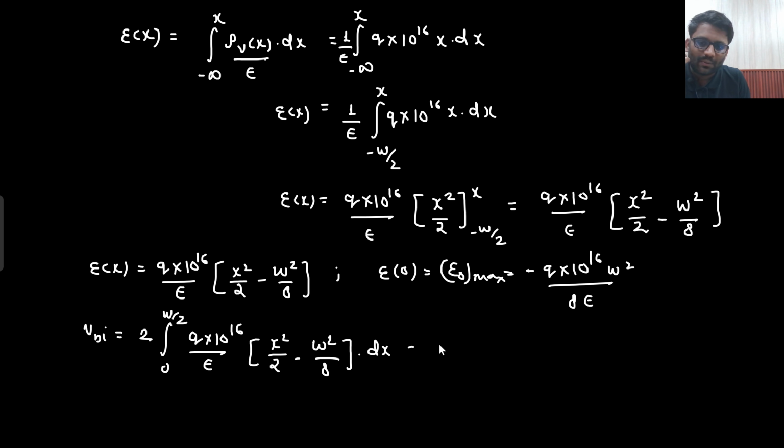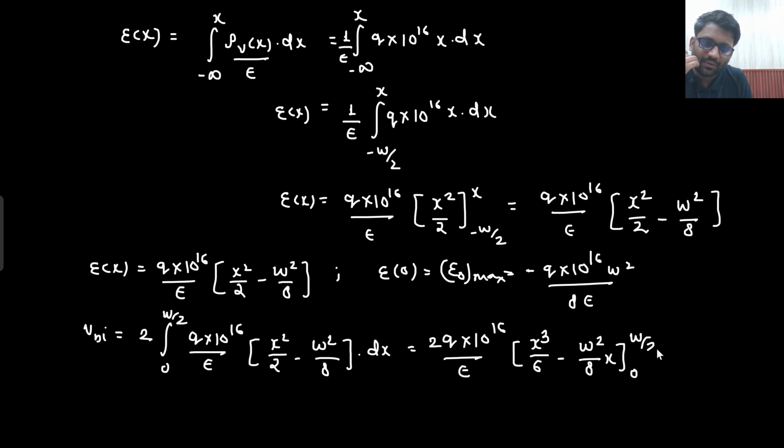So what I would do, 2q into 10 to the power 16 upon epsilon, x cube by 6 minus this thing, from 0 to w by 2. Okay, so 2q into 10 to the power 16 upon epsilon.